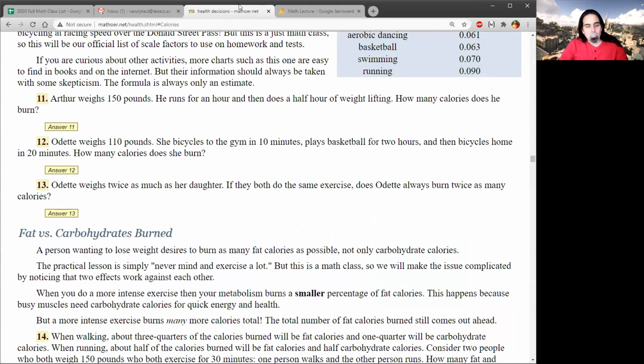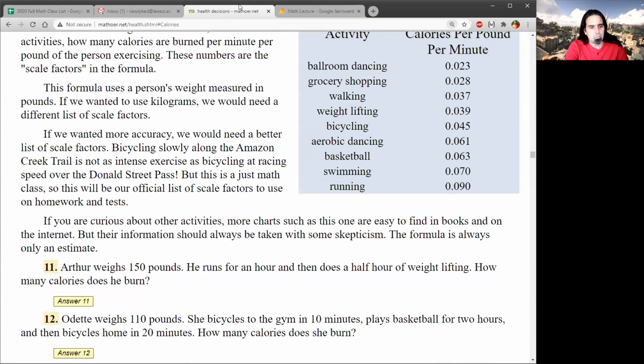Okay, Odette weighs twice as much as her daughter. If they both do the same exercise, will she always burn twice as many calories? I'm guessing that's still kind of small.